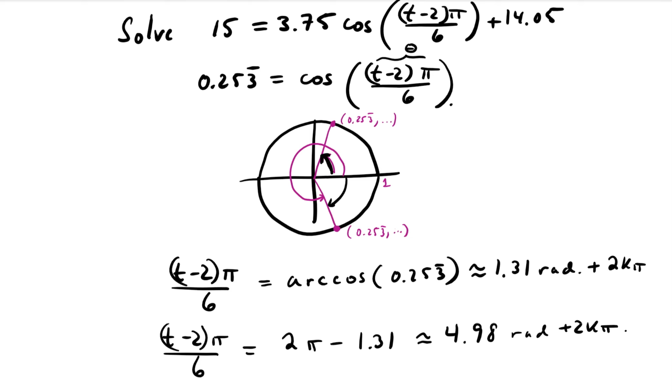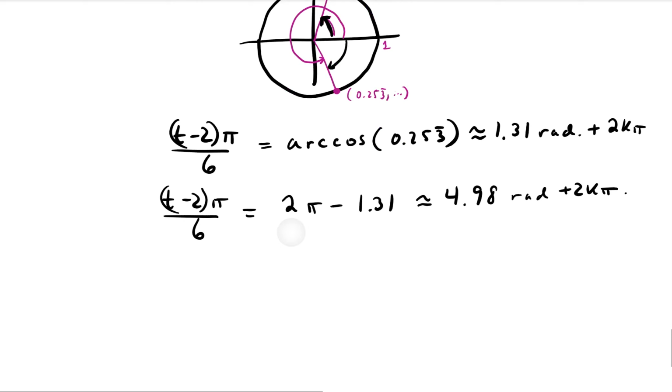Plus 2k pi. So now I'm going to solve each of these equations for t to recover when my max is. So from the first one, I get that t is going to be, so I need to multiply by 6 over pi.